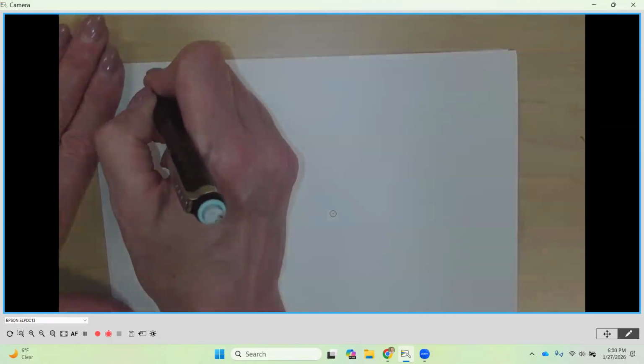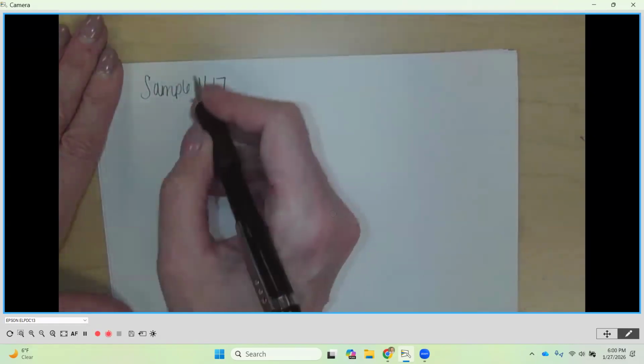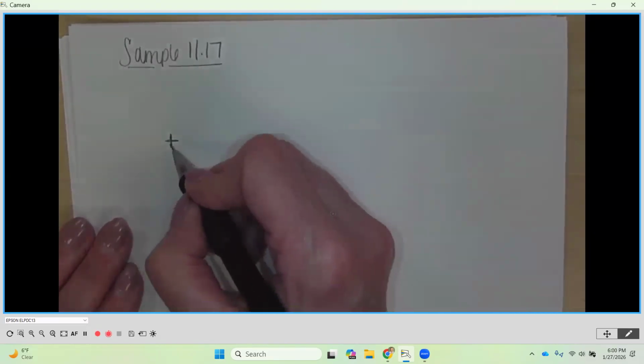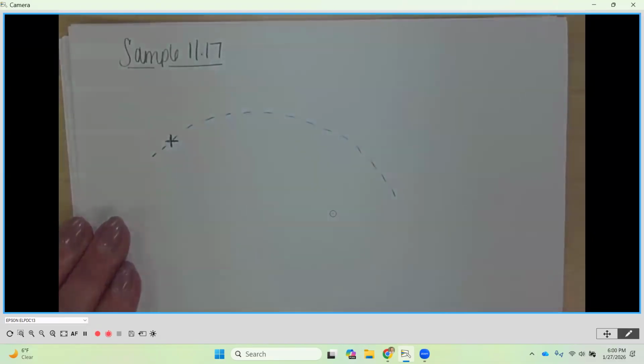So let's take a peek at how we're going to set this up. Okay, so this is sample 1117. And I'm going to draw that projectile just so that we have a frame of reference on where we're getting some things. Not the entire thing, but this was the start point. And I'm going to draw the projectile going like this.